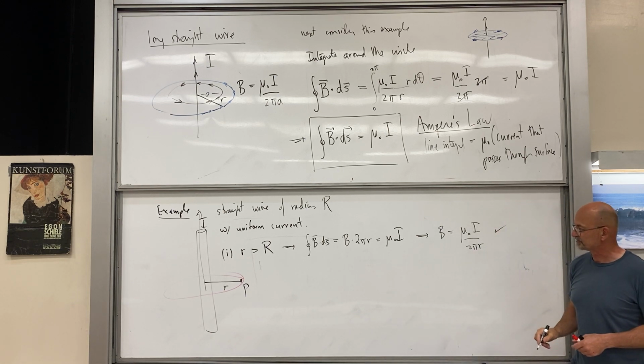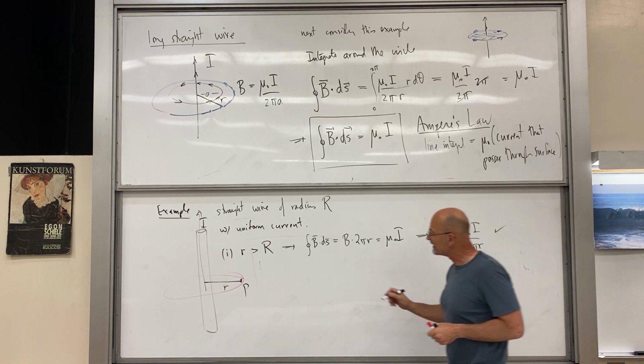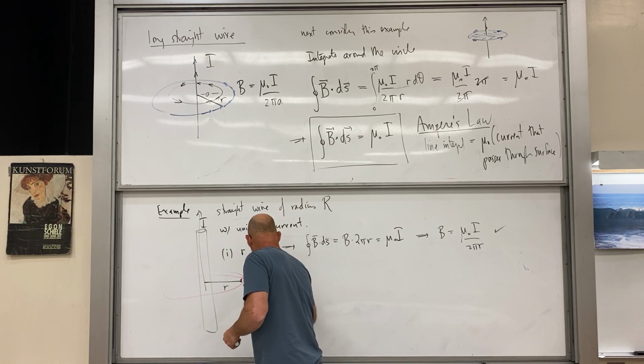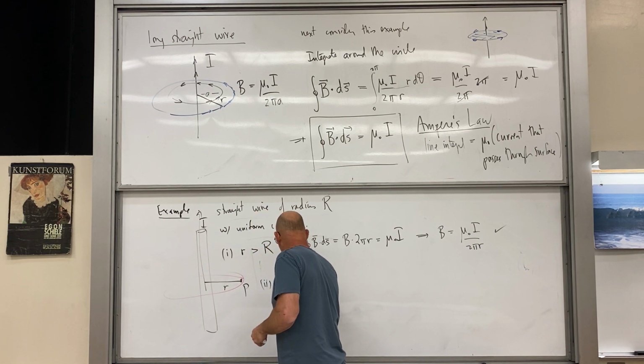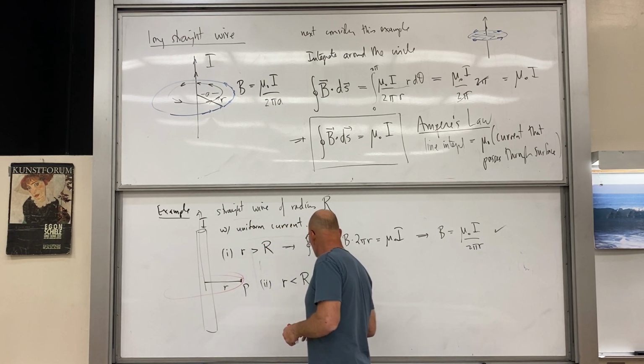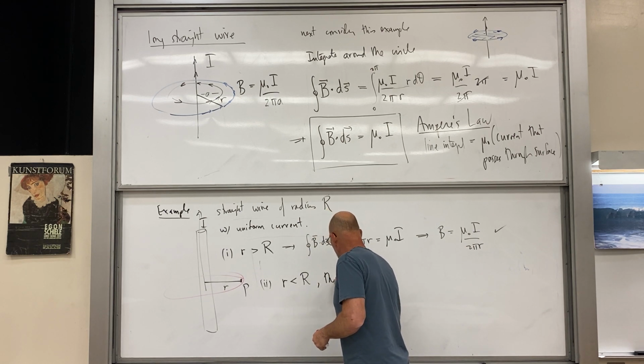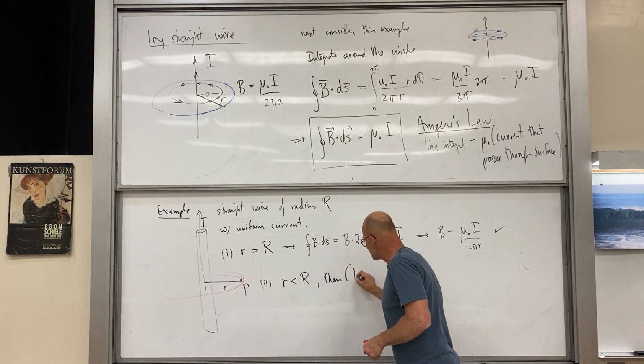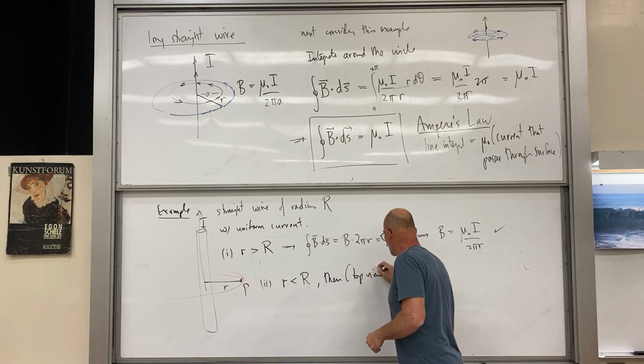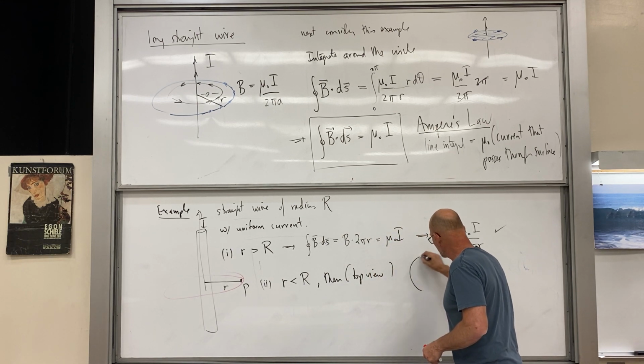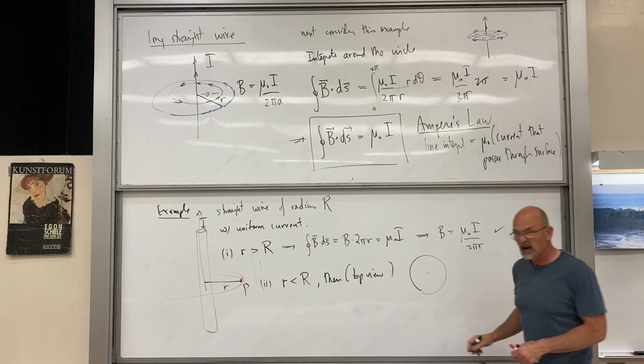Nothing different there. If we're inside, so the second case here, r is less than capital R, then this will be a top view. We're looking down on our wire.